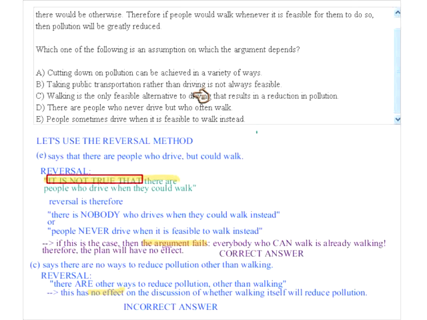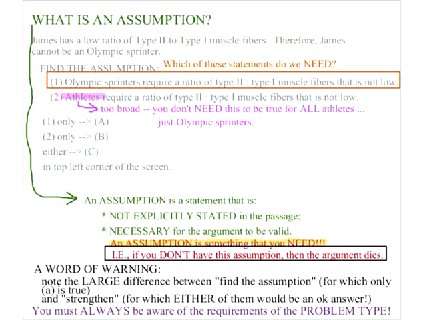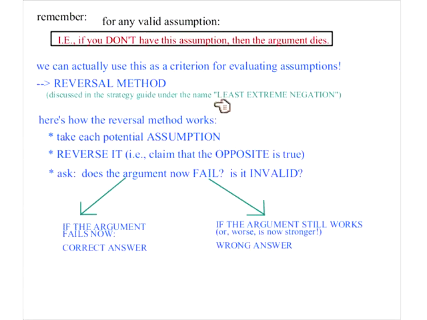So now you've got a couple of weapons in your arsenal. You've got what is an assumption, and then you've also got this fantastic method for evaluating assumptions, which is called the reversal method. Before we look at another problem, the one thing I want to point out is that there's a pro here, which is that this method is absolutely fantastically powerful.